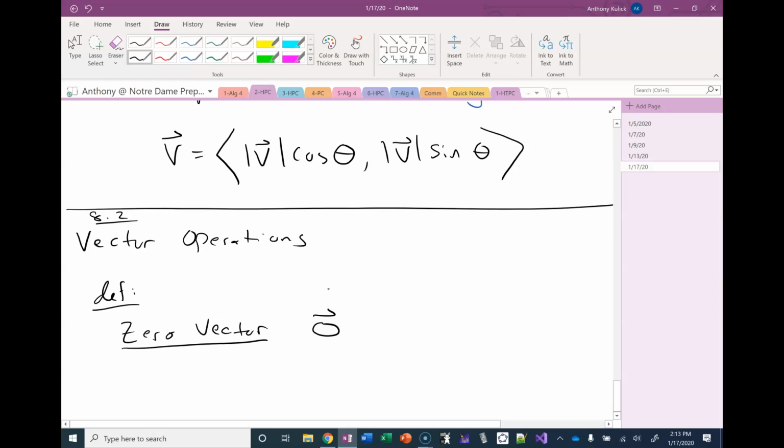We denote the 0 vector with the 0, and then we put the vector hat on top of it. The component form for this vector is (0, 0). The magnitude of the 0 vector is surprisingly 0. And the 0 vector is the only vector that has no direction attached to it.